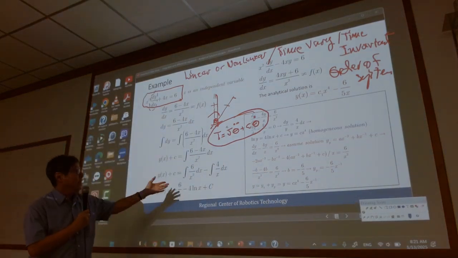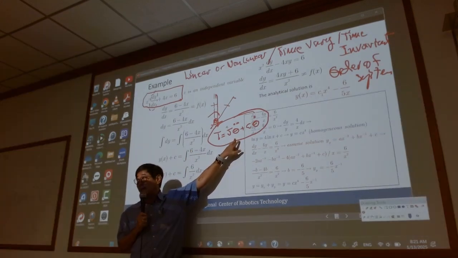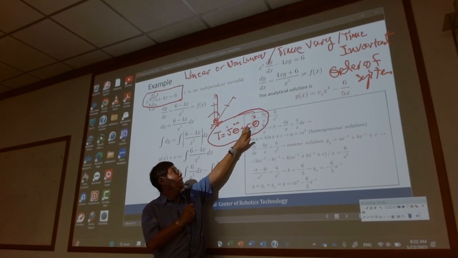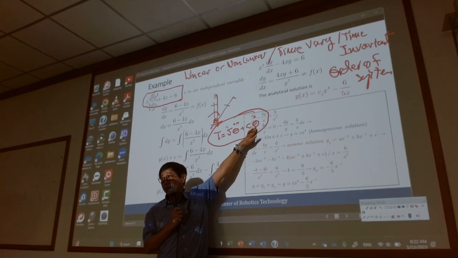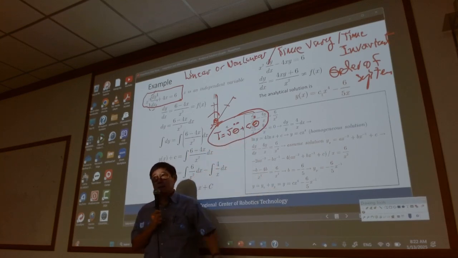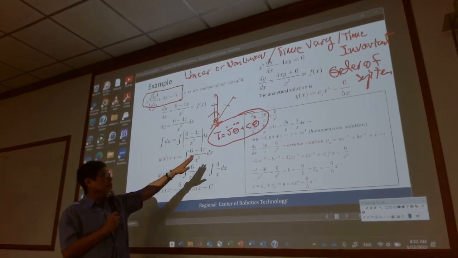I said this one is linear, right? Because this is linear, and theta dot also is a linear function. But in this case, J and C are constant. If J and C are constant, it means this one is time invariant, right?